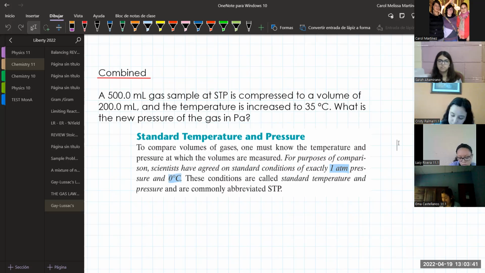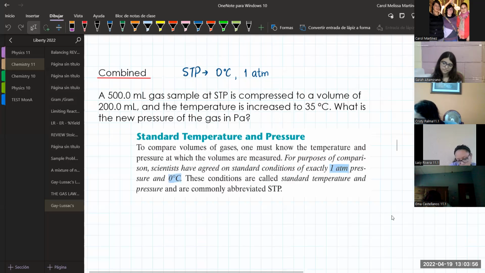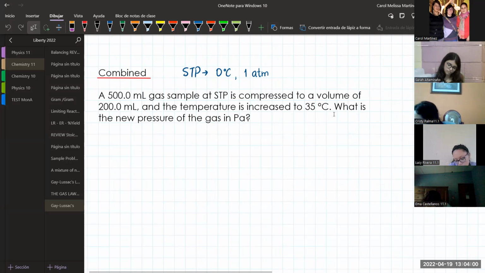So when we say STP, remember, STP means 0 degrees Celsius and 1 atm. So saying that storing a gas at STP, that's what it means, okay? 0 Celsius and 1 atm.